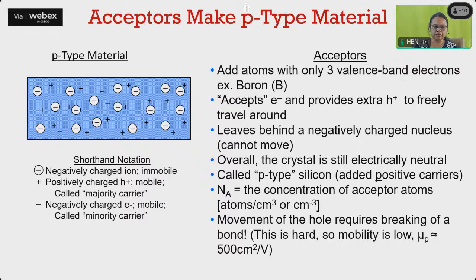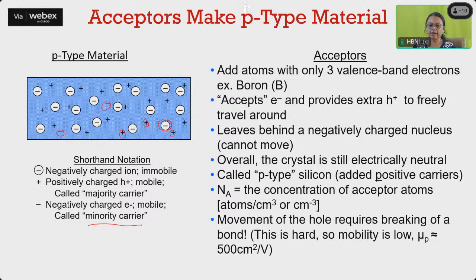So we have got p-type material. Now you can see these holes are the majority carrier, and we still have some electrons which are the minority carrier. Earlier we had positively charged ions, now we have negatively charged ions, which cannot move, because the boron is left behind.